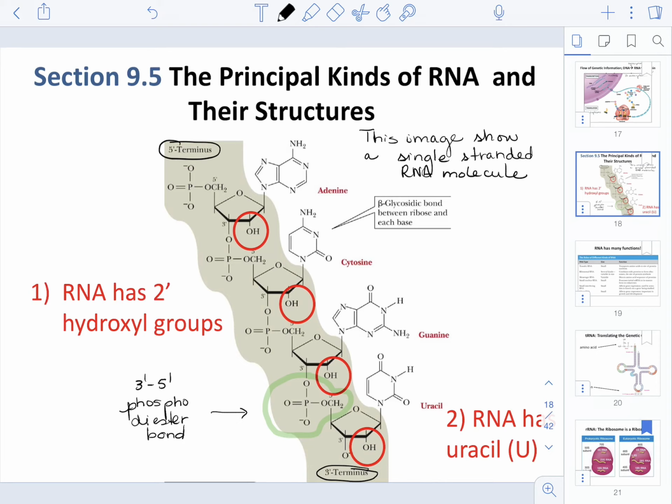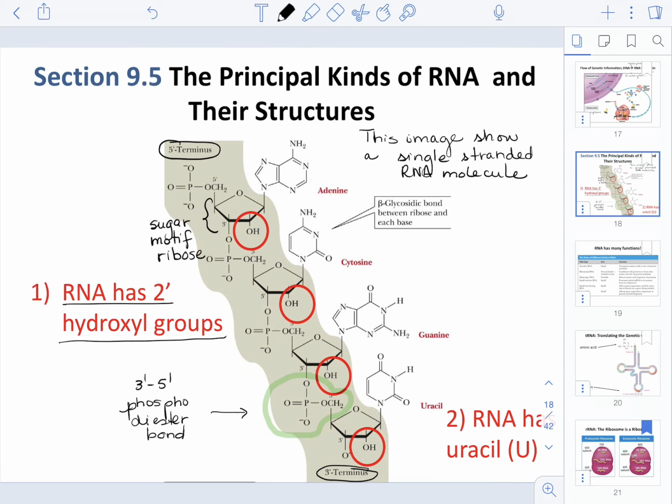Now, when it comes to how different this molecule is from DNA, we can pinpoint a few chemical features. First, we know that this is an RNA molecule because at carbon number 2, we have hydroxyl groups. So in this molecule, the sugar motif is ribose.